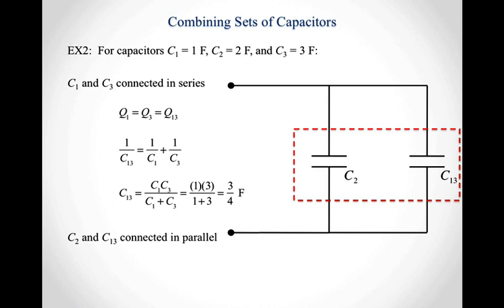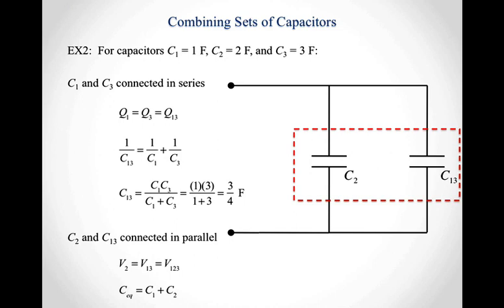That means that the voltage drop across each of those capacitors has to be the same. So the voltage drop across C2 has got to be equal to the voltage drop across this combined capacitor, C13. That's also going to be equal to the voltage drop across C123 when I combine all three into a single element here at the end. I know how to calculate the equivalent capacitance for two capacitors connected in parallel.